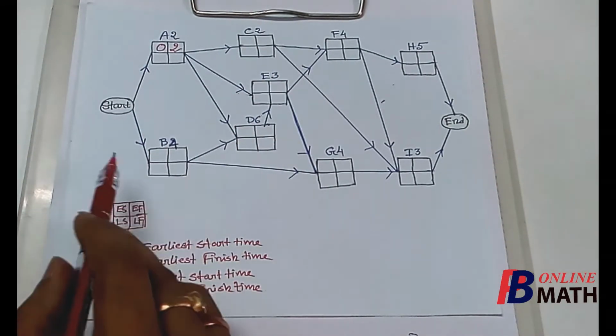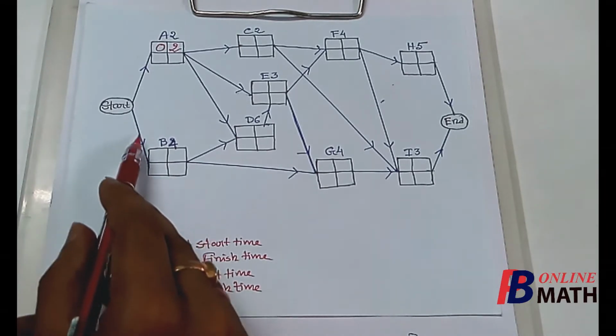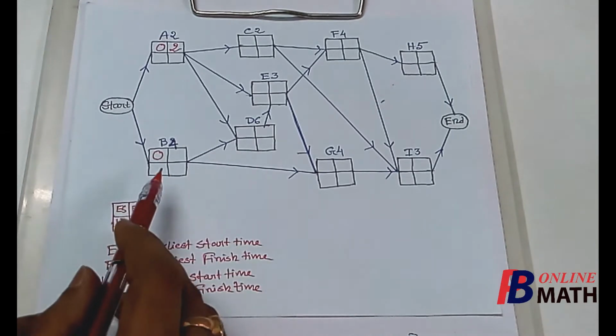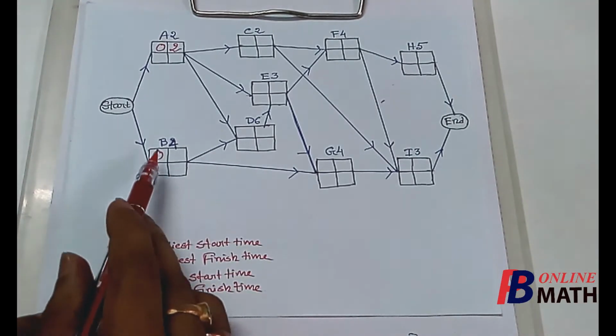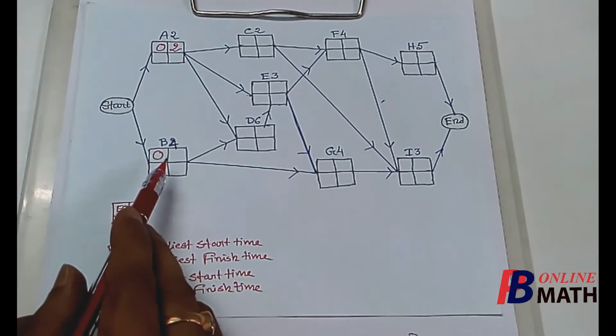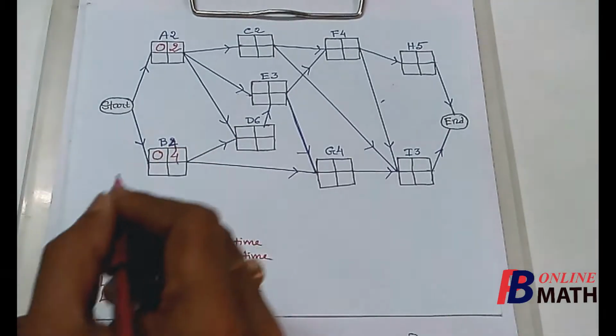Now we consider the activity B. Since the activity B has no immediate predecessor, we can start the activity B at 0 time. So this is the earliest start time of the activity B. Now the activity B requires 4 days, so the earliest finish time of the activity B will be 4.